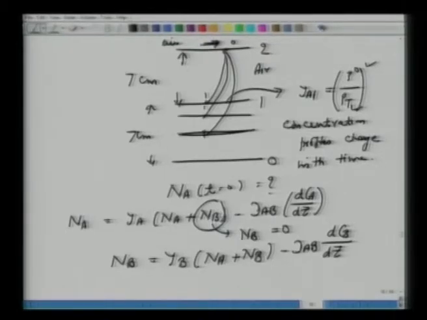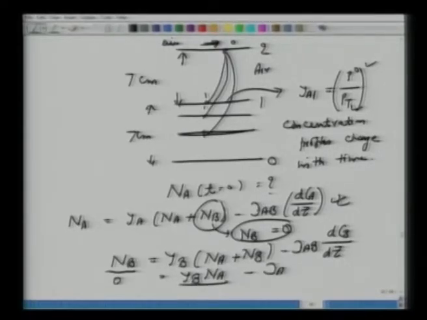Of course, if we make NB equal to 0, it's easier to integrate these equations and obtain what we obtained earlier. But more important is, let's note down physically what it means that NB equal to 0. Air is stagnant, so this term is 0, but we have convective bulk transport here, which is YB NA, minus the second term, DAB dCB/dZ.